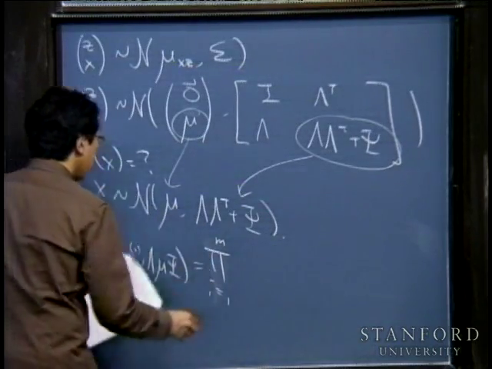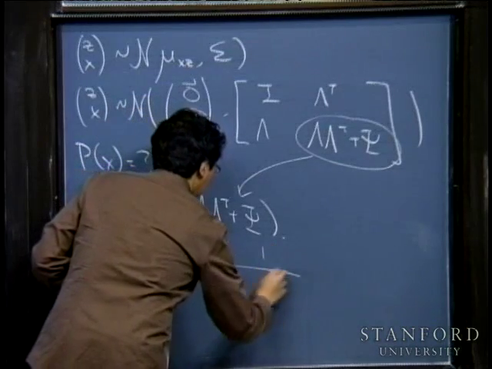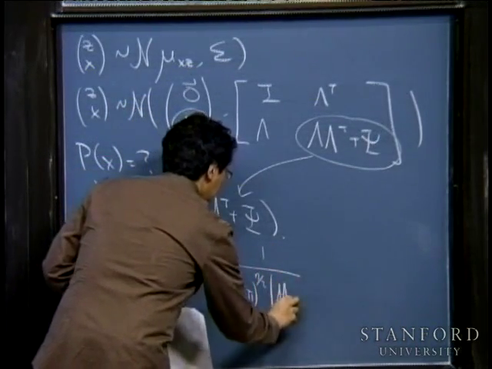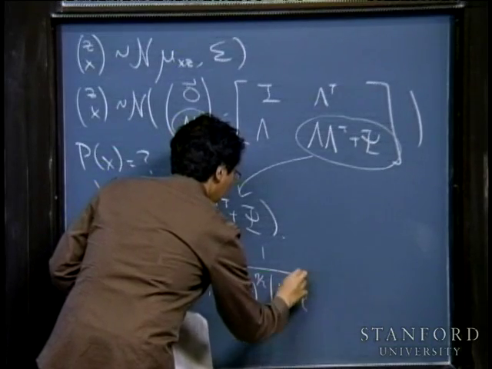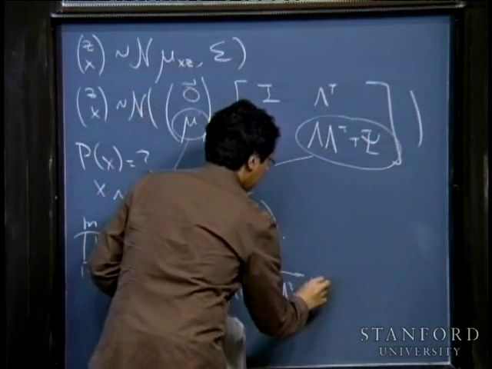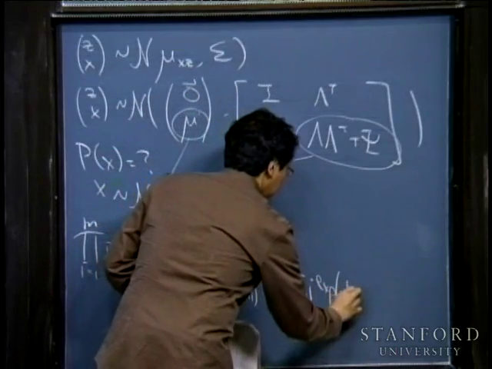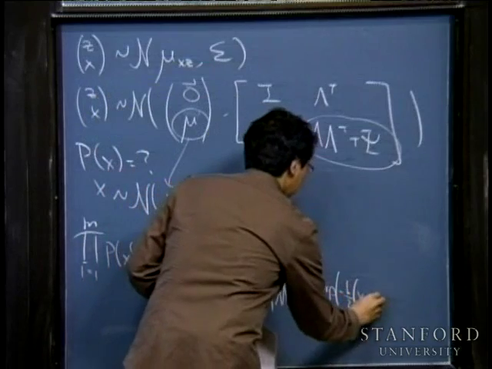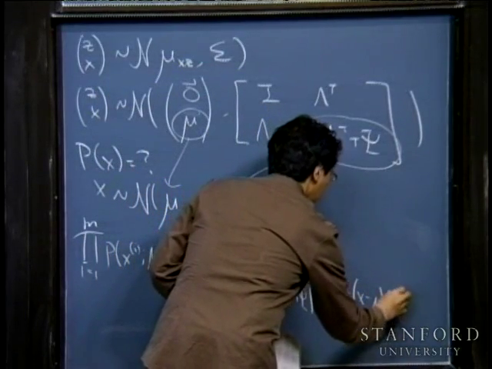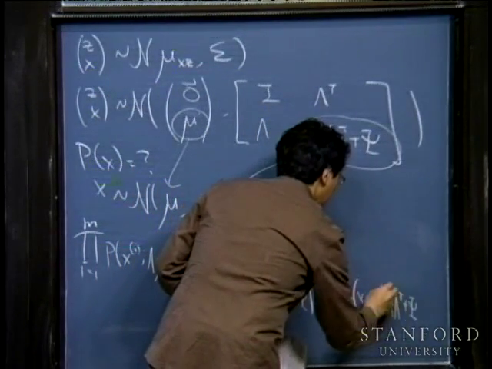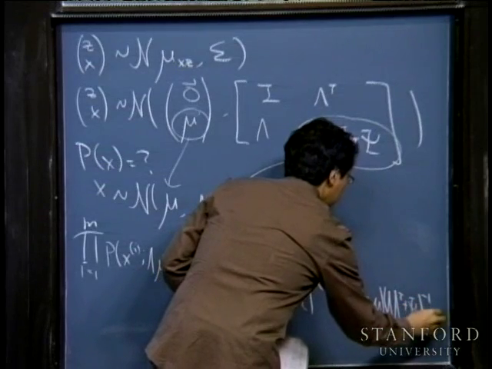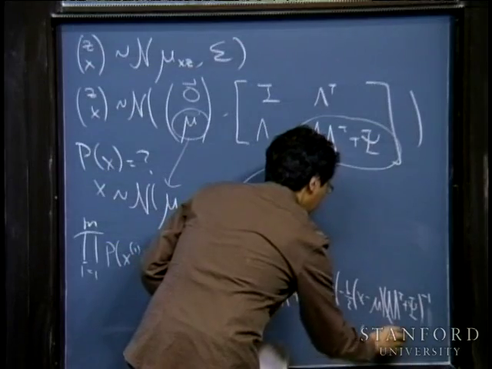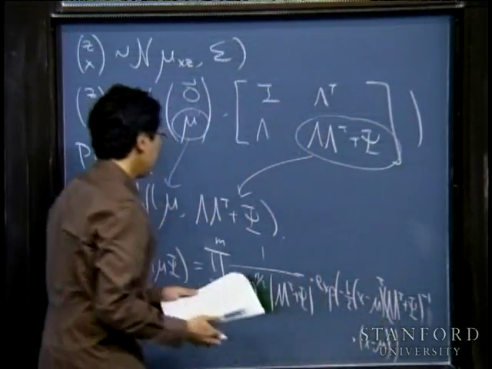So you can just write this down as 1 over 2 pi to the n over 2, the determinant of the covariance, to the one half, times e to the minus 1/2 of x minus mu transpose, the covariance inverse, x minus mu.